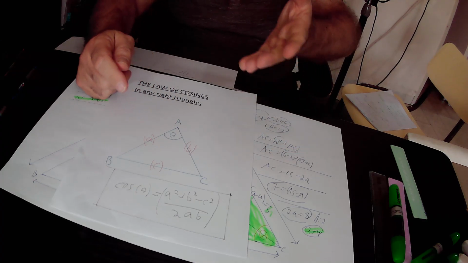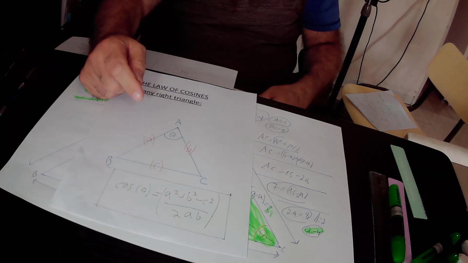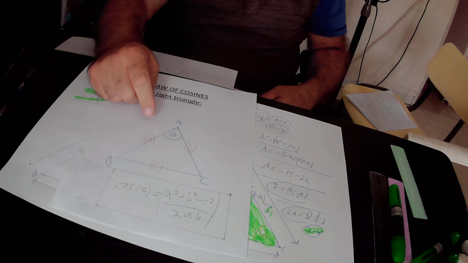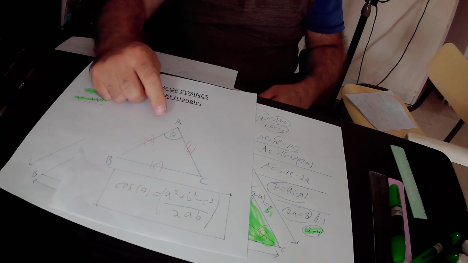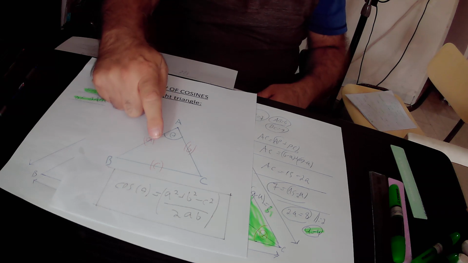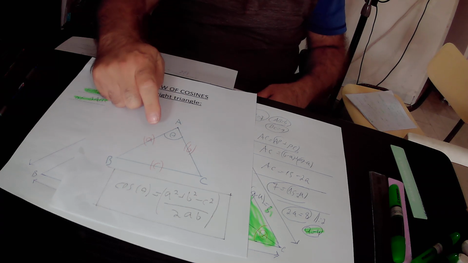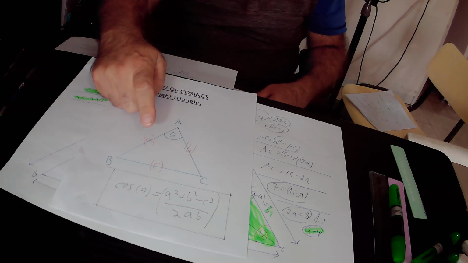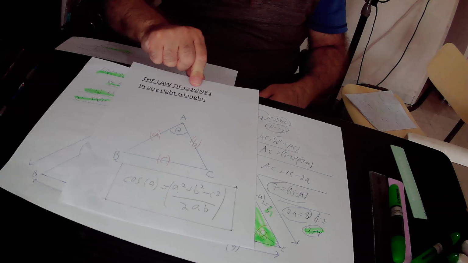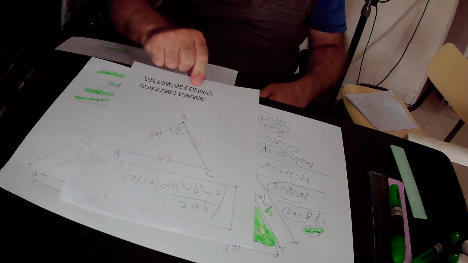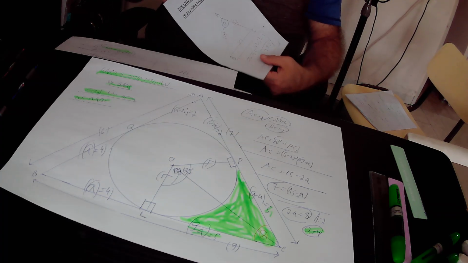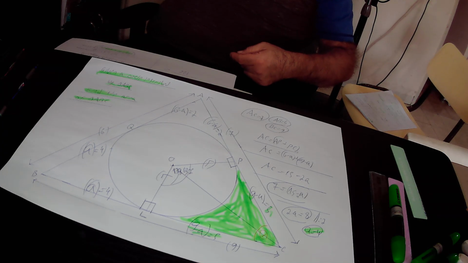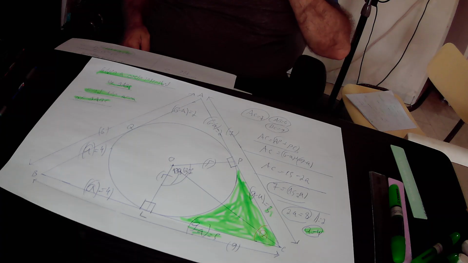According to the law of cosines, in any triangle ABC, the following equation is true: cosine theta equals a squared plus b squared minus c squared over 2 times a times b. Now we implement the law of cosines in this triangle ABC.